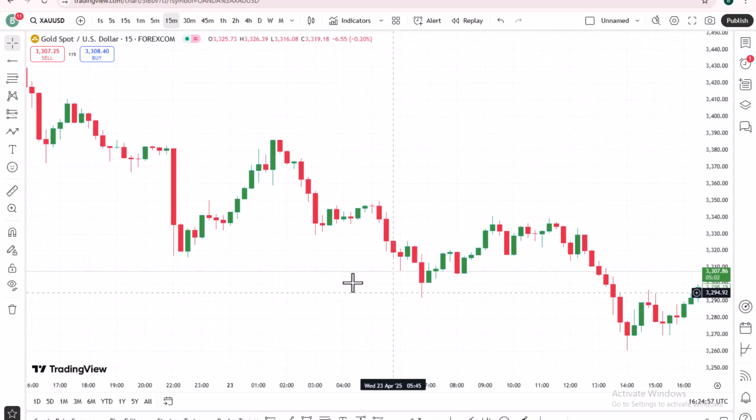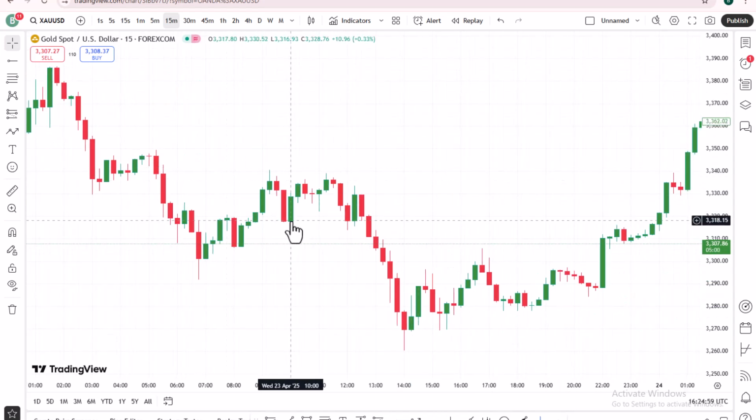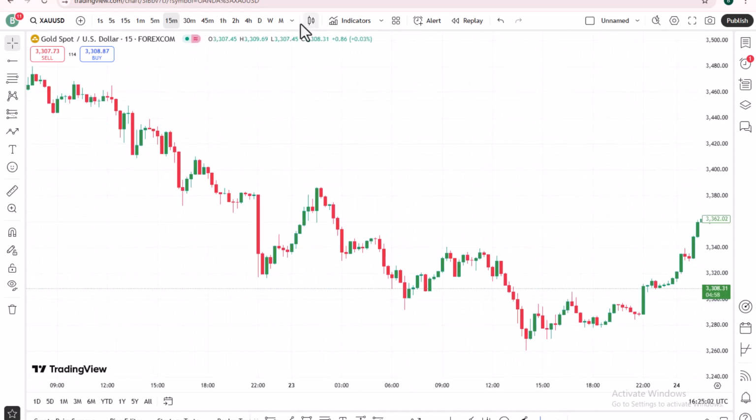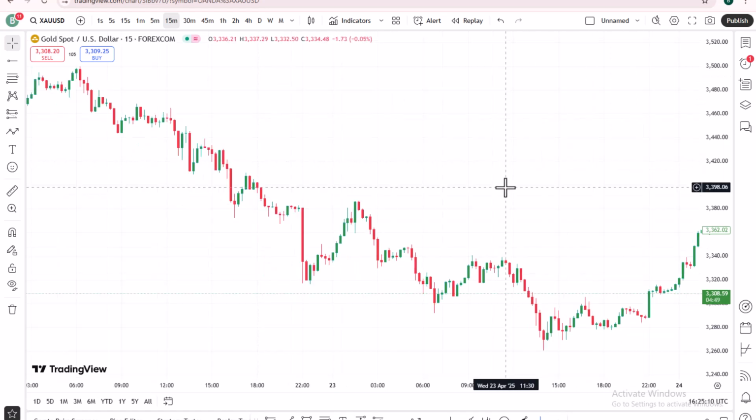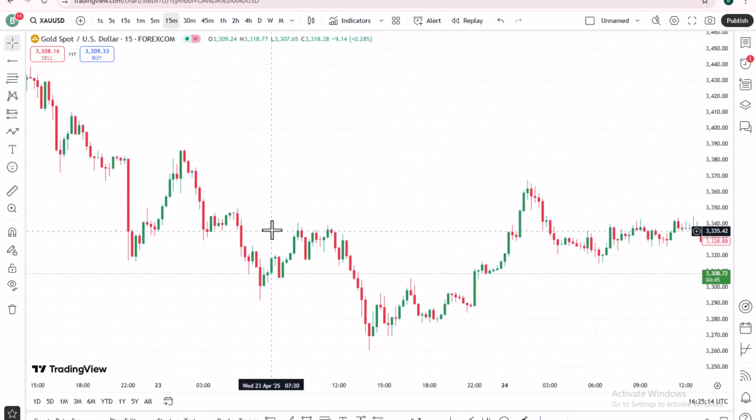So this is how I trade. I just use basic market structure. I look at what the market is doing on the higher time frame, come to the 15 minutes time frame, then I look at the market structure and trade based on what the 15 minutes is doing.